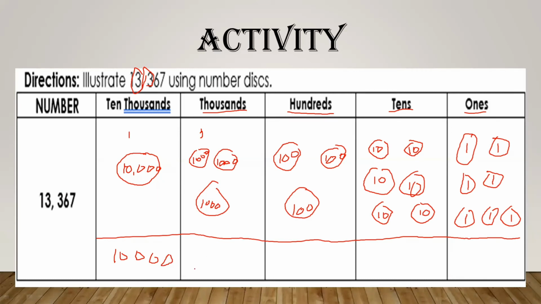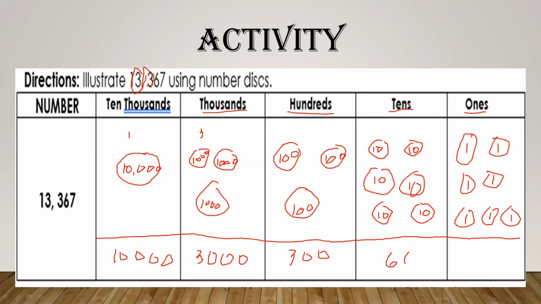So 1,000 plus 1,000 plus 1,000 is equal to 3,000. And then next ay yung hundreds natin. So 100 plus 100 plus 100 is equal to 300. And then next is yung tens naman natin. So 10 plus 10 plus 10 plus 10 plus 10 plus 10, this is total of 60.